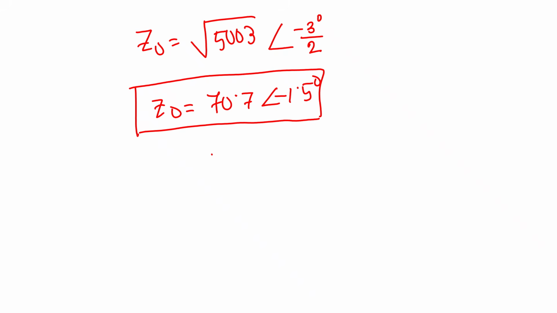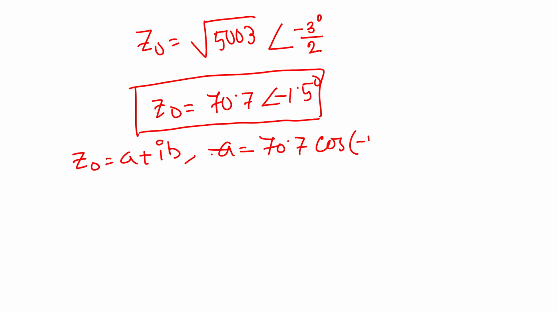If I wish to calculate the final value of Z0 in terms of a complex number, Z0 will be a plus ib, where a equals 70.7 cos of minus 1.5 degrees, and b equals 70.7 sine of minus 1.5 degrees.